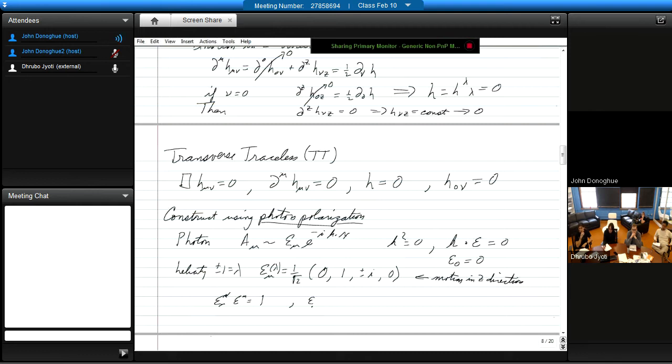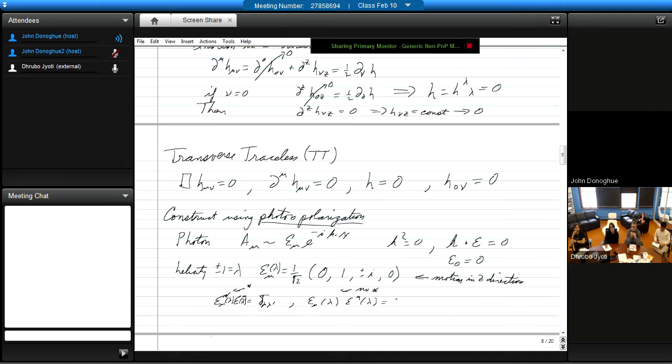Epsilon mu of lambda dotted into epsilon star mu of lambda prime gives delta lambda lambda prime. They're orthogonal and they're normalized. But here the thing that I want to do is, if I have two lambdas with no star, no complex conjugate, I get 0.